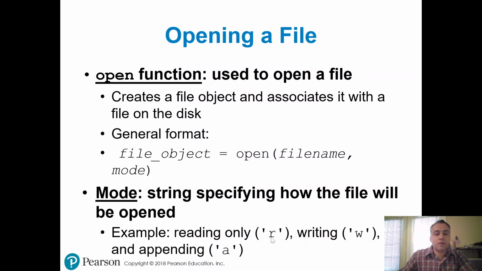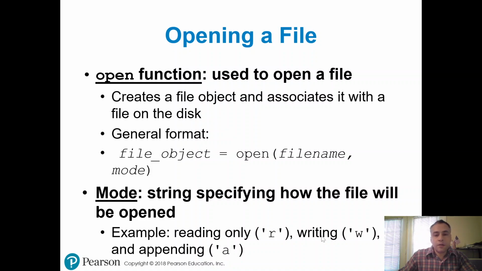We will use R for reading, W for writing, and appending is A. The difference between writing and appending: writing will overwrite any previous information that was in the file, whereas appending is appending to the next line. So appending does keep the previous information.